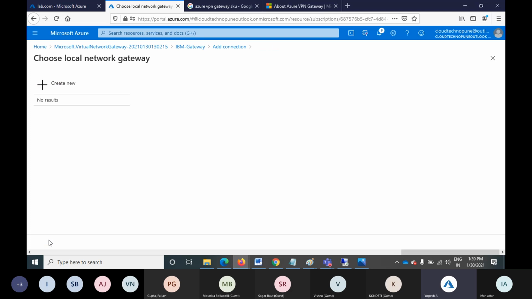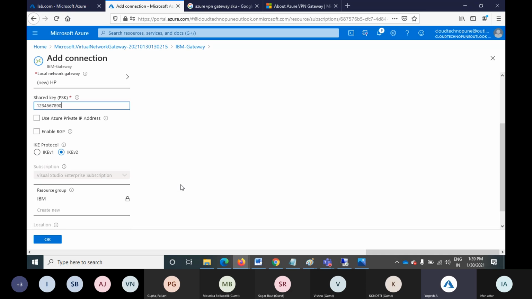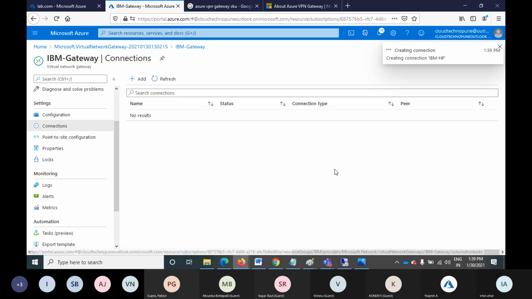So go to add. This is the pre-shared key, shared key. Okay, so 1, 2, 3, 1, 2, 3, 4, 5, 6, 7, 8, 9, 0. This is the IKEv2 option, where you get more security. And let's create the connection.